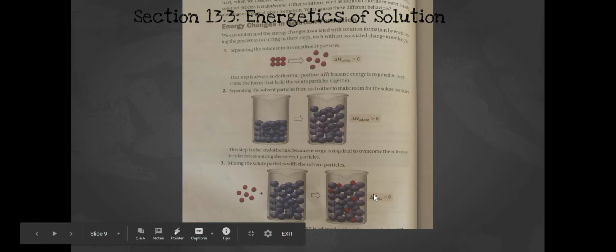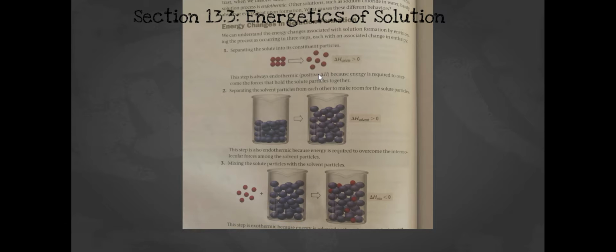Lastly, this is called the enthalpy of mixing. That's what delta H mix means. And this process is exothermic because you are taking the solute that is now separate and the solvent that are now separated, and you're mixing them together, so you're forming a bond. So steps 1 and 2 break bonds as you separate these little atoms or ions.